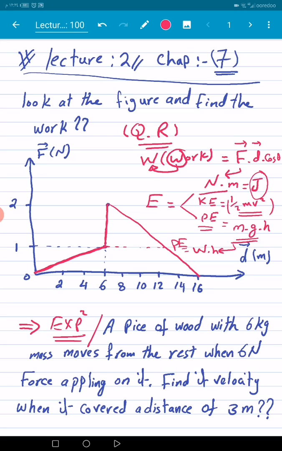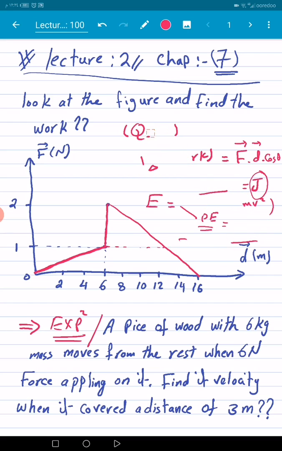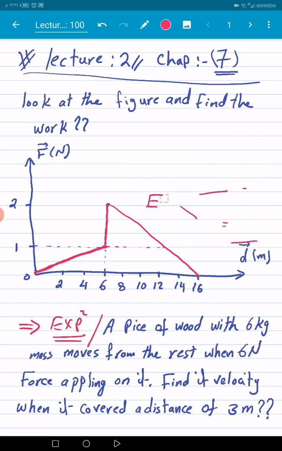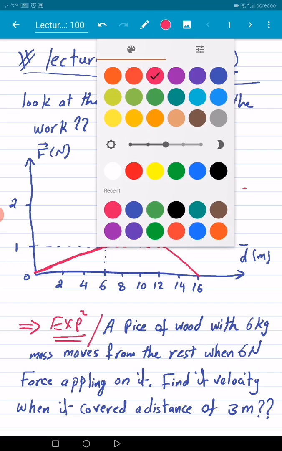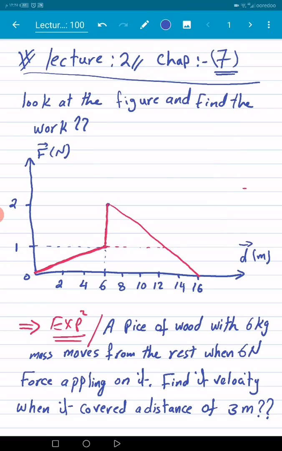Now today we start with this question. Look at the figure and find out the work done by the man as he moves, as shown in the figure.